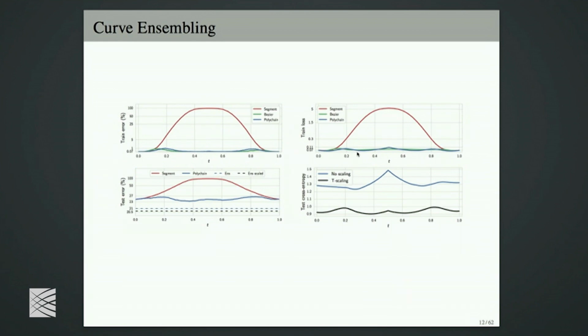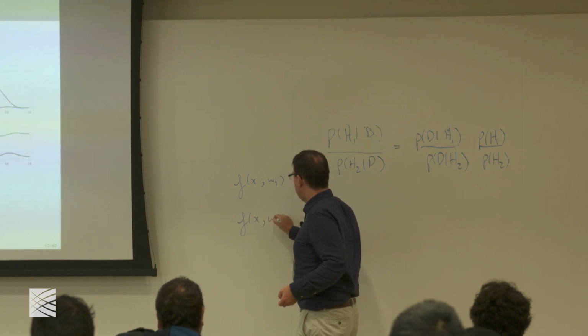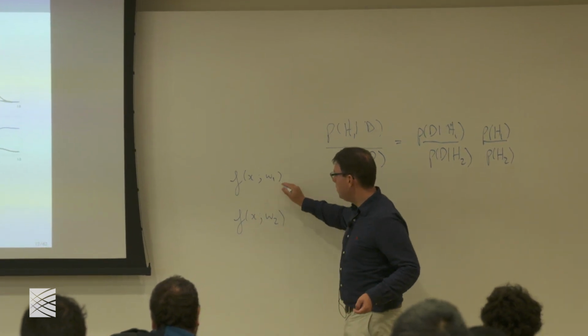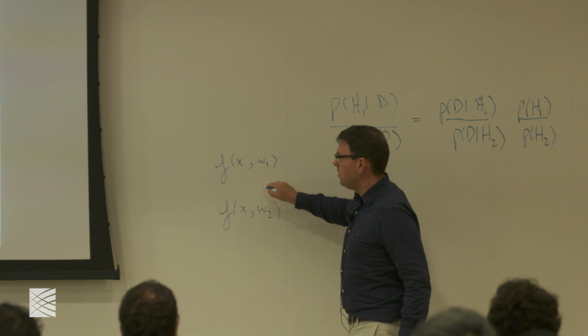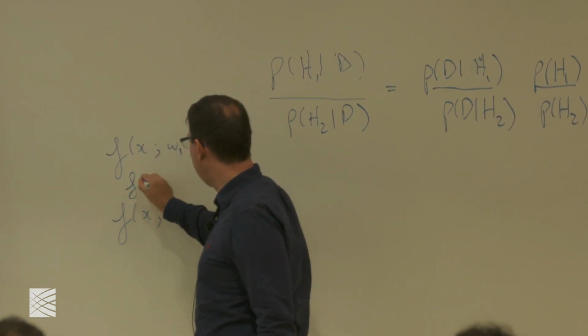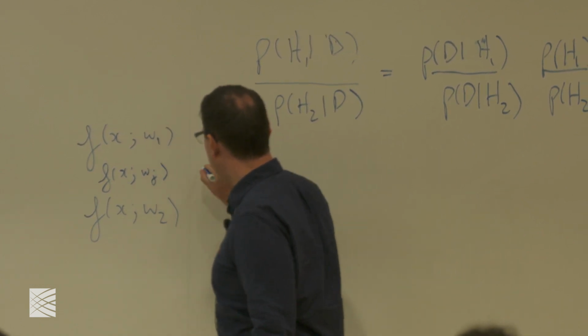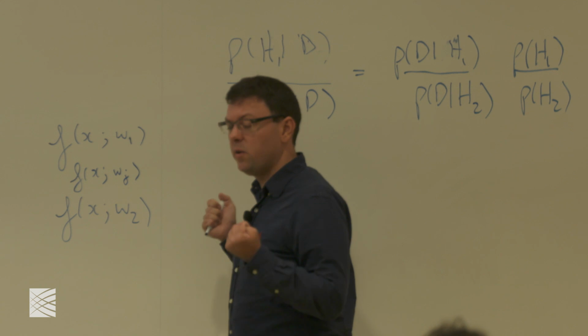So we have model 1 with some parameter settings. So we have f of x given some setting of parameters w1, let's say. That's for our first optimum. We have f of x associated with some setting of parameters w2. And then we have all of the parameters associated with points along these paths. So those could be f of x wj, and wj is sort of as fine-grained as we want it to be.